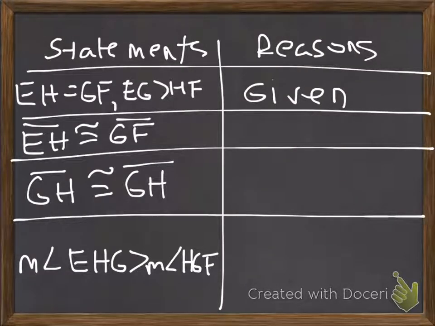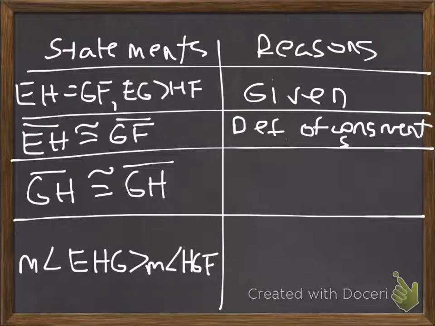So we're given that EH is equal to GF. Notice the second step, it's just putting EH is congruent to GF. So that's just the definition of congruent segments. Kind of redundant. Then you have GH is congruent to itself, which is always the reflexive property.